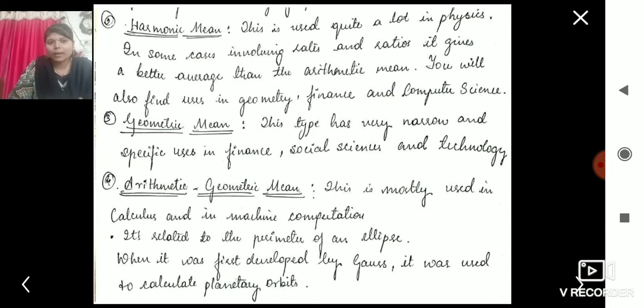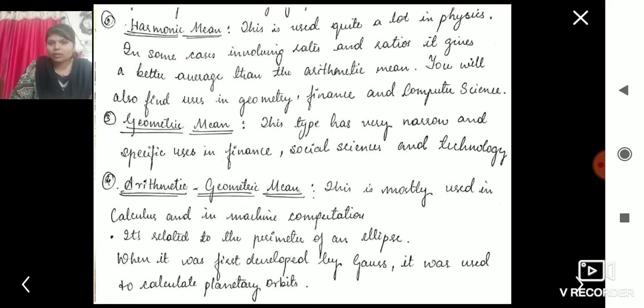Harmonic mean is used quite a lot in physics. In some cases involving rates and ratios, it gives a better average than the arithmetic mean, because in the harmonic progression that we are going to see, the calculation will be in the multiplication form.